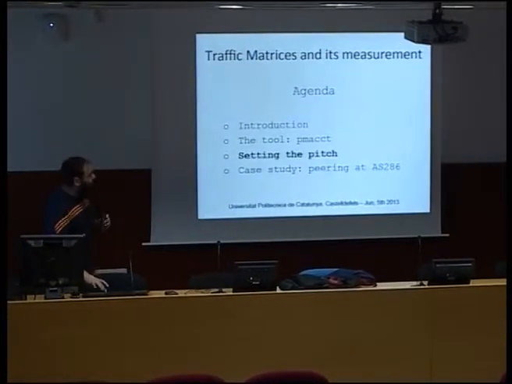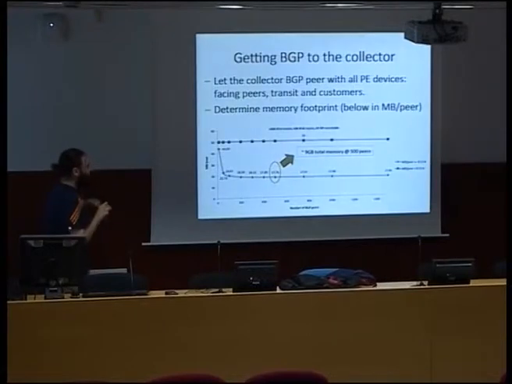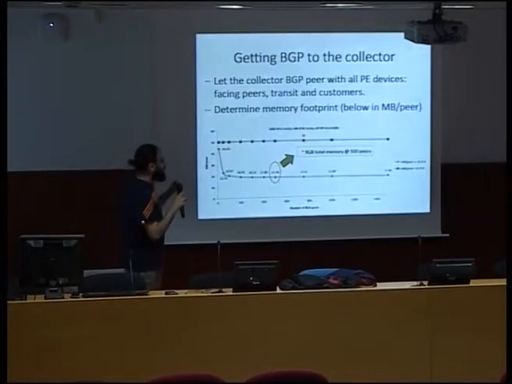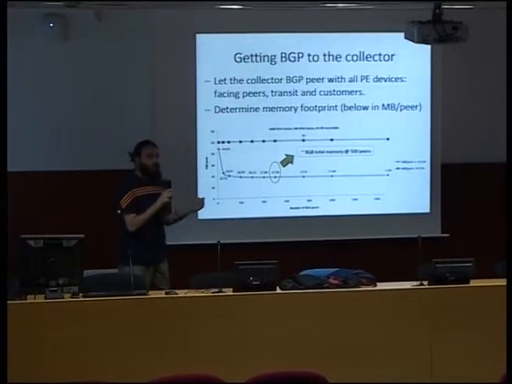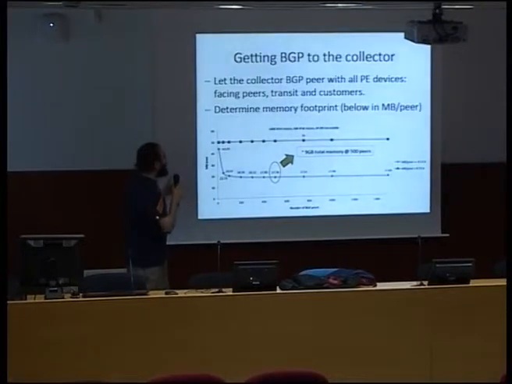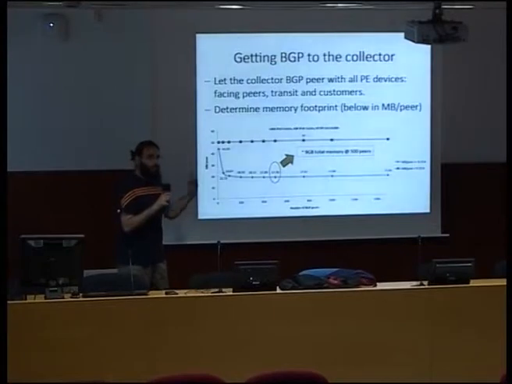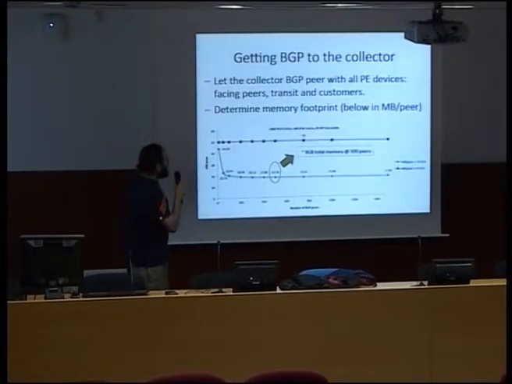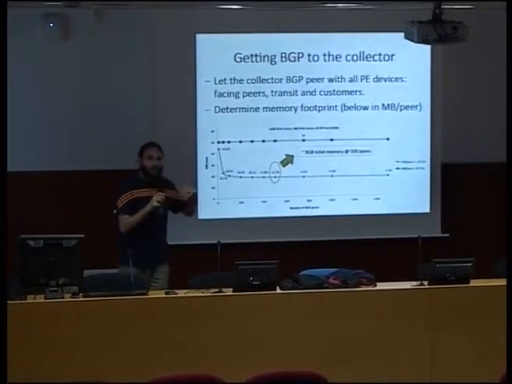So setting the pitch, we get back a little bit to our traffic matrices. What do we need? We said that the first part of the recipe was that we need BGP, right? So to build our traffic matrix, let's say we have pmacct as a collector. We let all the PE devices, the provider edge devices, BGP peer with pmacct.